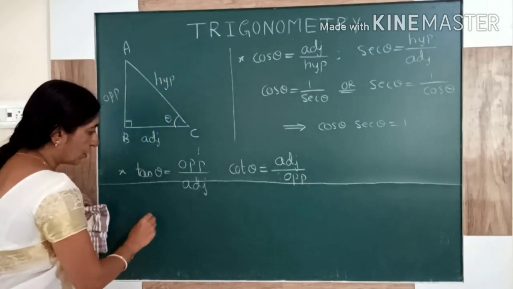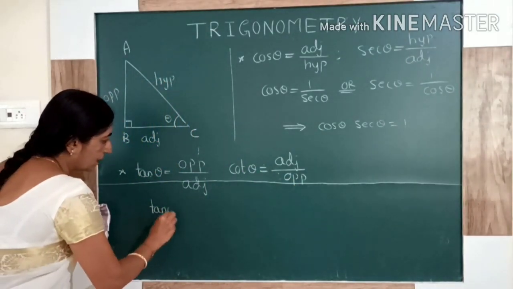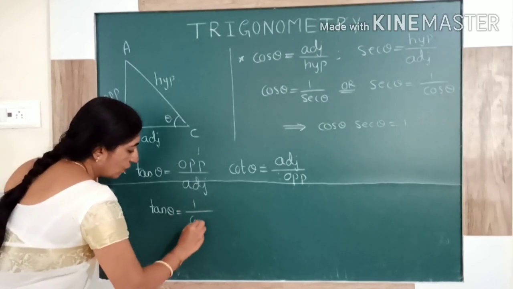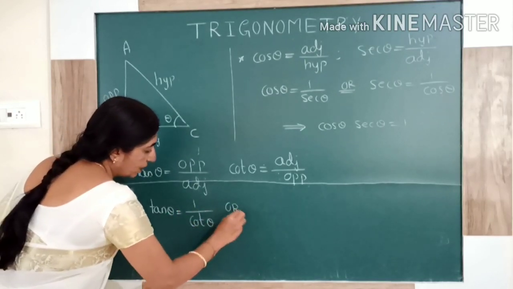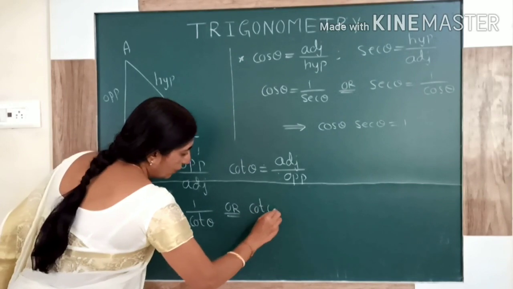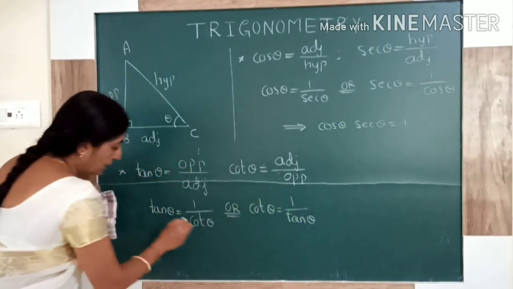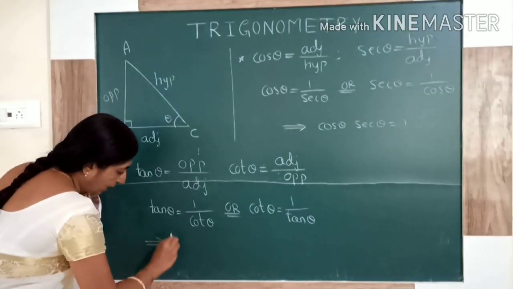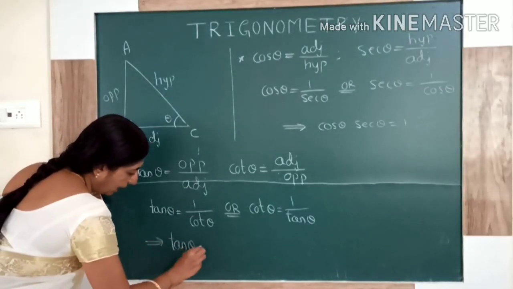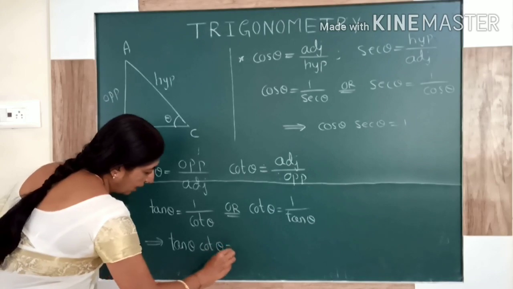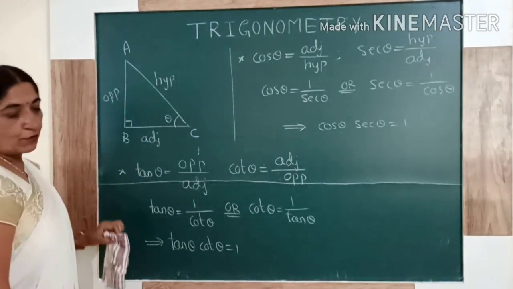Again, they are reciprocal to each other. Tan theta will be 1 by cot theta. Then cot will be 1 by tan theta. Again when you cross multiply, you will get one more, that is tan theta into cot theta is equal to 1. Are you familiar?